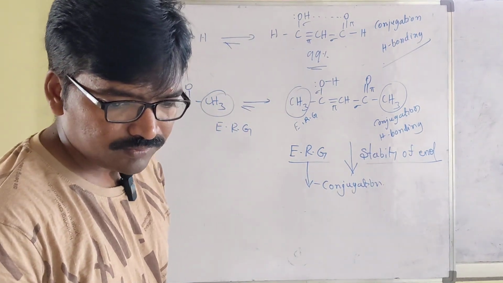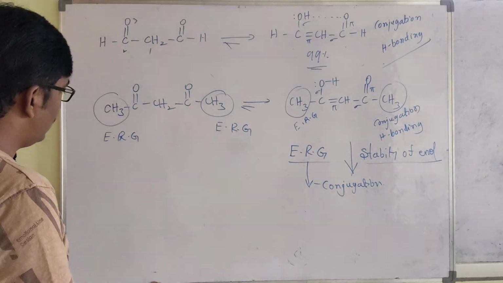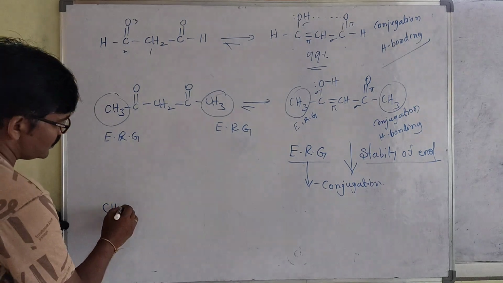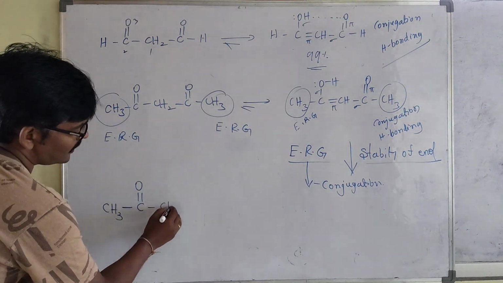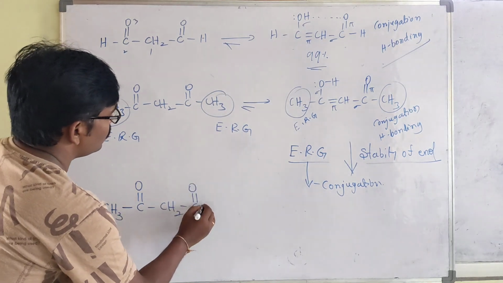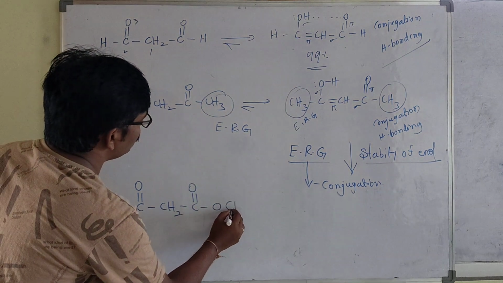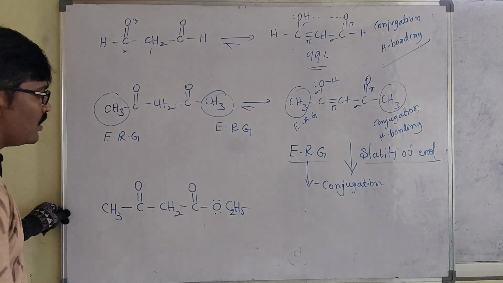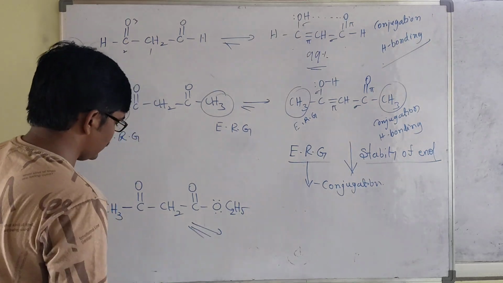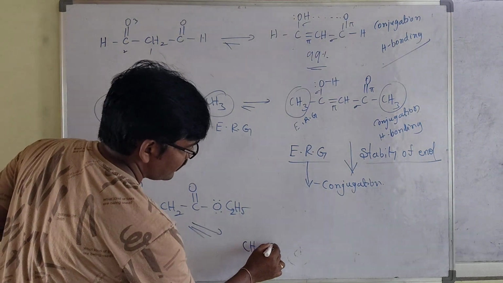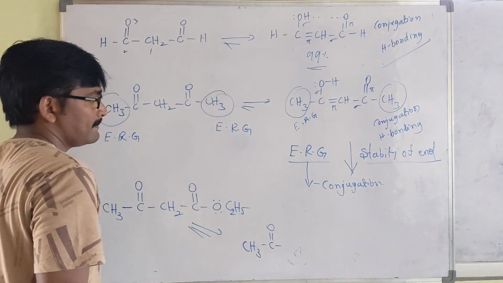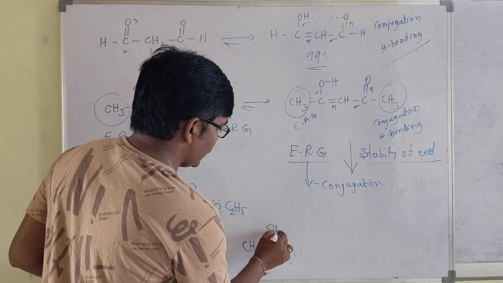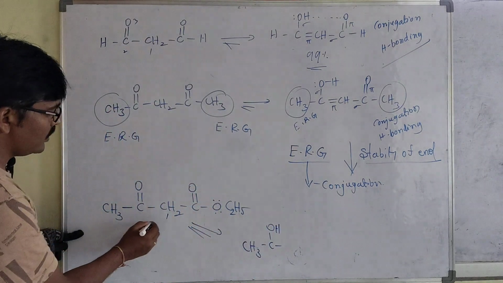So next one more, that is CH3, C double bond O, then CH2, then C double bond O, then OC2H5. Now if you write enol formation for this, then CH3, C double bond O, then hydrogen will migrate from here to here, 1, 2, 3.